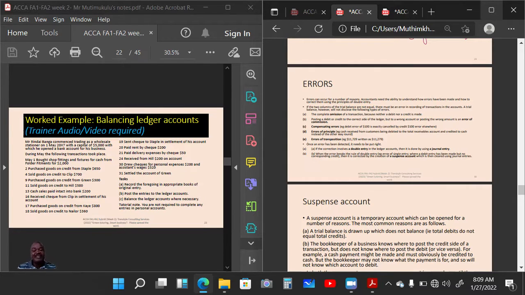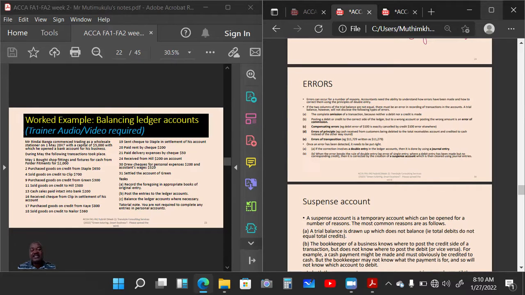Every side will be equal to one another, but it will be faulty. So which are those errors which, when they are committed, are not going to be detected by the trial balance?